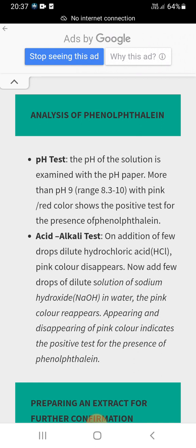In the acid-alkali test for phenolphthalein, on addition of a few drops of dilute HCl, the pink disappears, meaning the solution becomes colorless. On addition of a few drops of sodium hydroxide, that is, a strong alkali, it attains pink color.